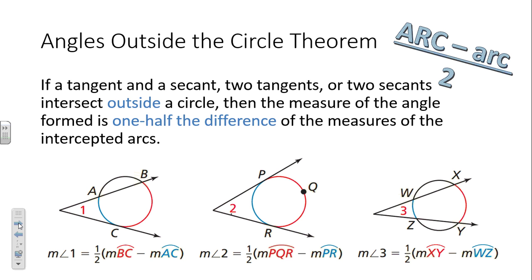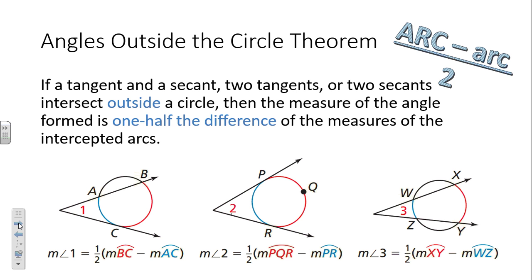What happens when you do that? You get a negative answer, right? Does that make sense to have a negative angle? Not in our class, right? So we want to take the big arc minus the small arc and divide it by 2 to get our outside angle. Inside we add, outside we subtract.